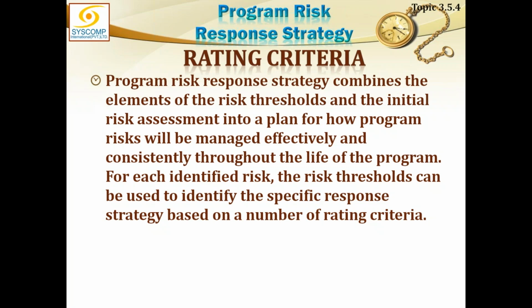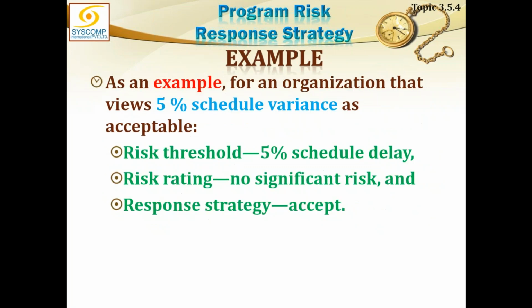For each individual risk, the risk threshold can be used to identify the specific response. For example, as I was giving you the example, 5% schedule variance means that if the schedule variance is up to 5%, then we need not take any action. But if it is more, then we need to take action.